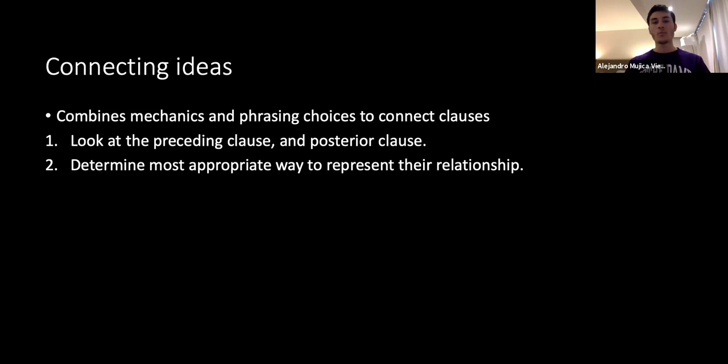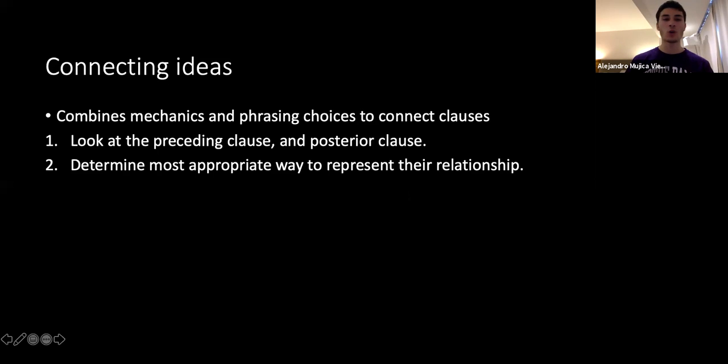So we look at the preceding clause and posterior clause and determine the most appropriate way to represent their relationship. Just the one thing to keep in mind here is that a clause has to have a subject and a verb. So if it doesn't, then it's just a supporting detail or something. It's not actually a clause that you have to connect.